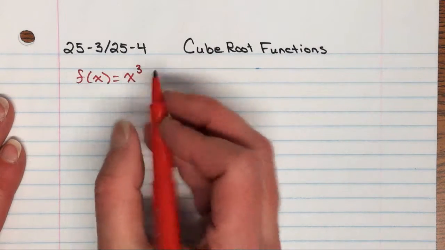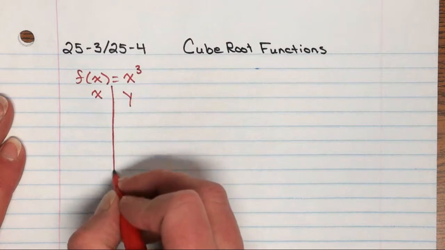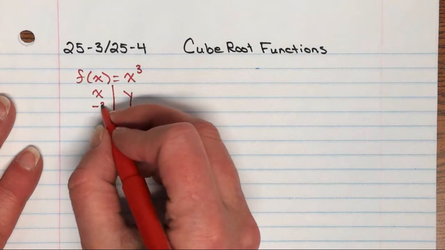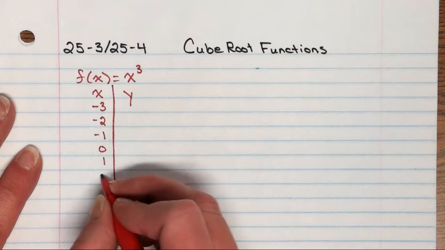Now, if I'm cubing something, I can cube negatives and I can cube positives. So we'll make a nice table for this one. So let's go from -3 to 3.